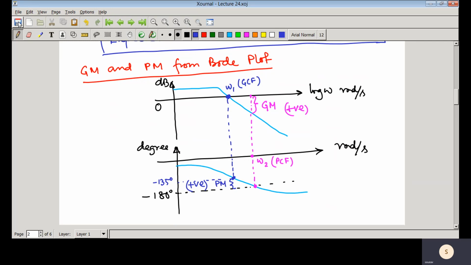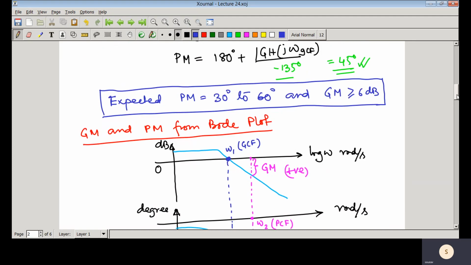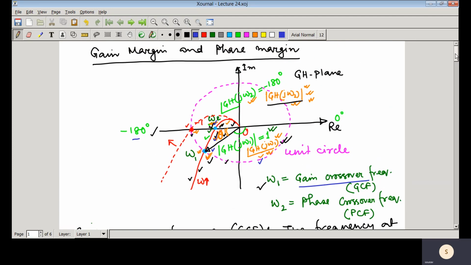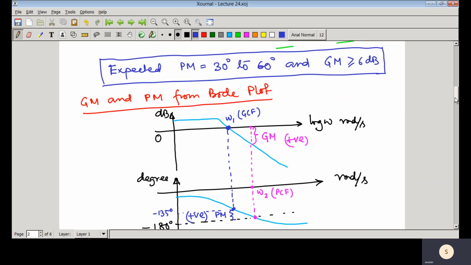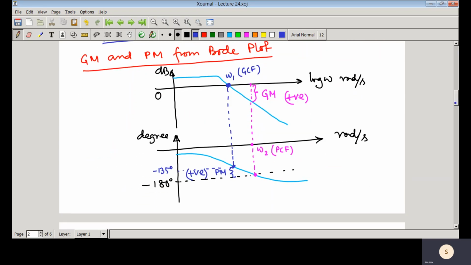That means if it is a minimum phase system and it has a positive gain margin and phase margin, then it is a stable system. So what we have discussed so far is: we have defined gain margin, phase margin, and gain crossover and phase crossover frequencies, and how to define gain margin and phase margin from the Nyquist plot. And then we have shown that gain margin and phase margin can also be obtained from the Bode plot.